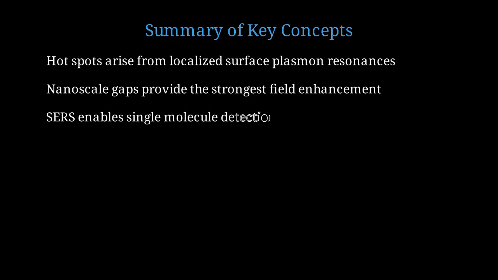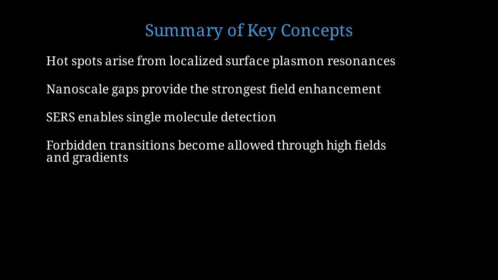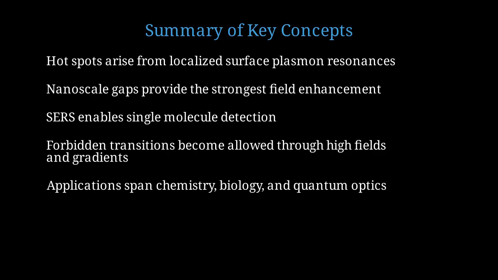Third, surface-enhanced Raman scattering exploits hotspots to detect single molecules by enhancing both excitation and emission processes. Fourth, apparently forbidden optical transitions can be enabled by the enormous field intensities and gradients in hotspots. Finally, applications of plasmonic hotspots span diverse fields, including analytical chemistry, molecular biology, catalysis, and quantum optics.